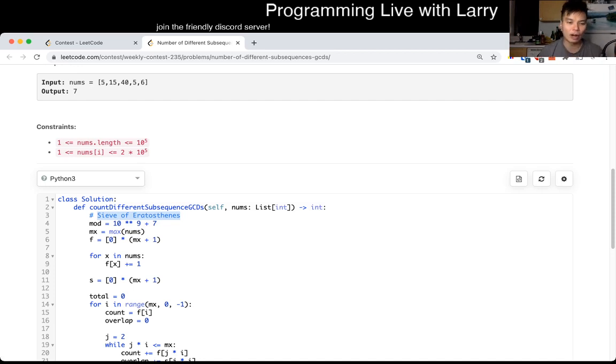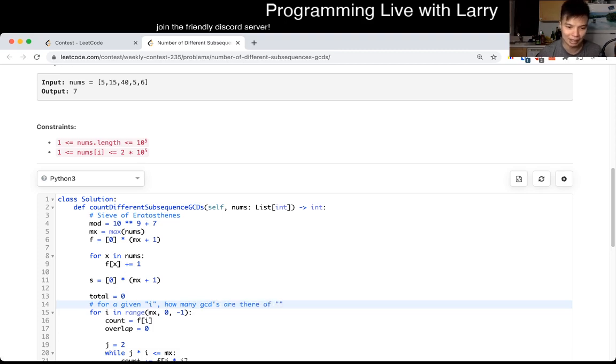Basically the idea is that it's just counting, for each number, how many different pairings there are for a given i. So for a given i, how many GCDs are there of i?